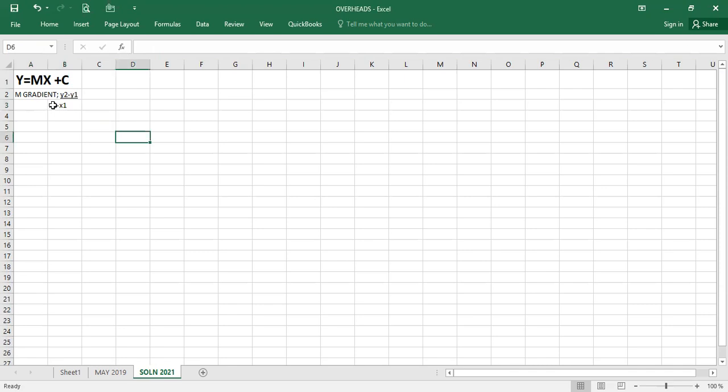So when you use this, y2 will be the highest coordinate minus the lowest coordinate, over the highest minus the lowest coordinates in terms of the x values.